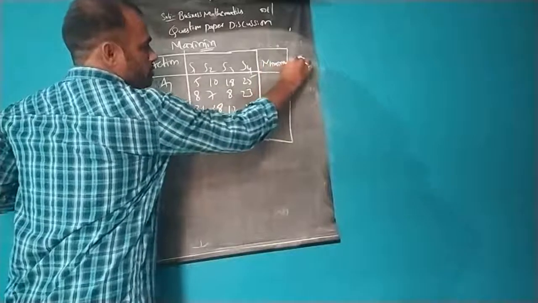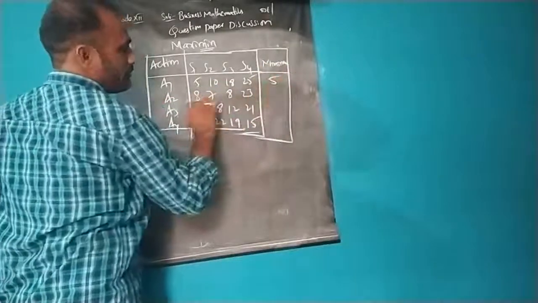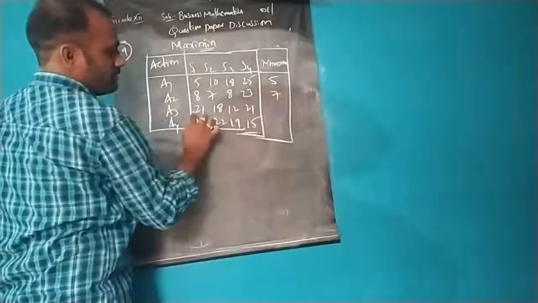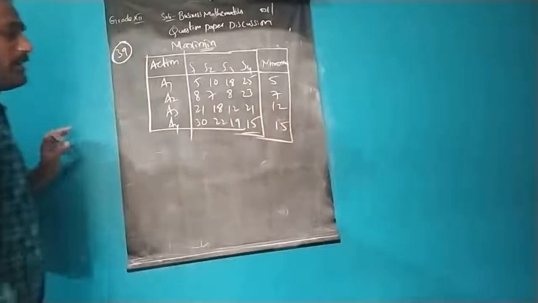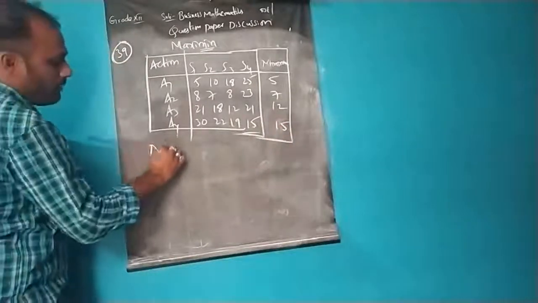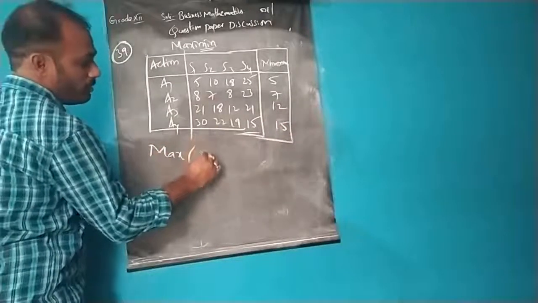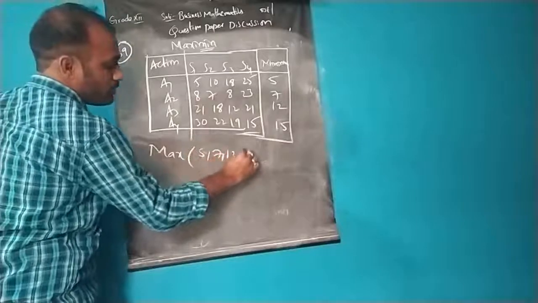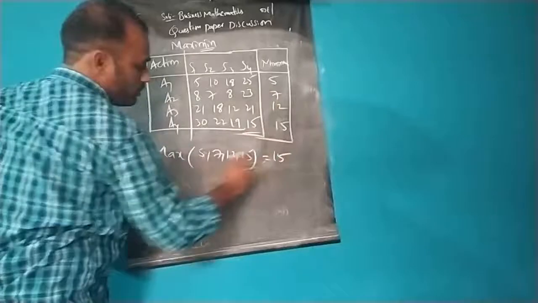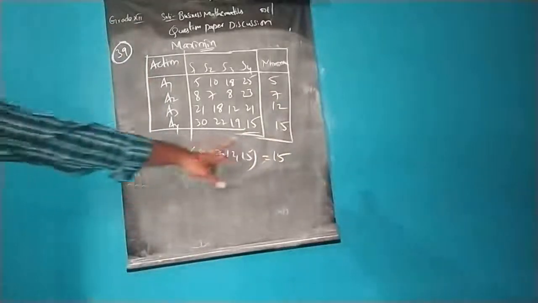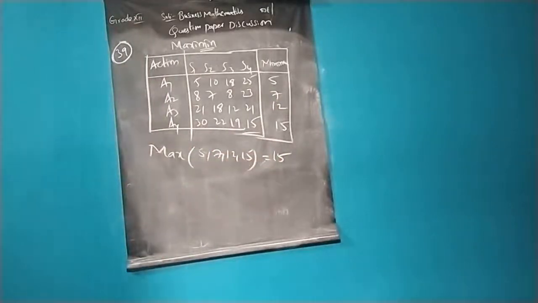So in this, what is the minimum value? 5, here 7, 12, and here it is 15. After writing the minimum values, take the maximum of 5, 7, 12, 15. What is the maximum value among these 4? 15. 15 will be the maxi-mini solution.